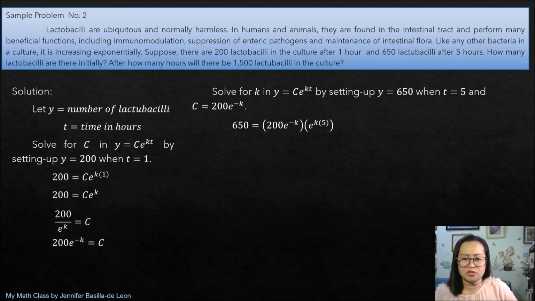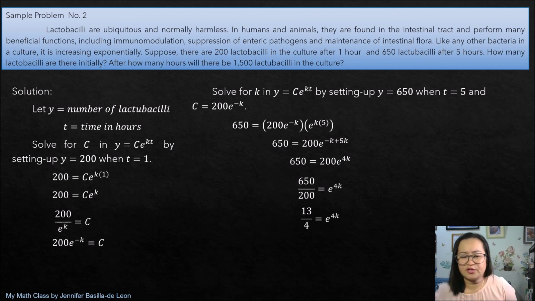And then we do some algebraic manipulation. We will have 650 equals 200e^(−k+5k), applying the laws of exponents. Simplifying, we'll have 650 equals 200e^(4k). Simplifying further, we will have 13/4 equals e^(4k).